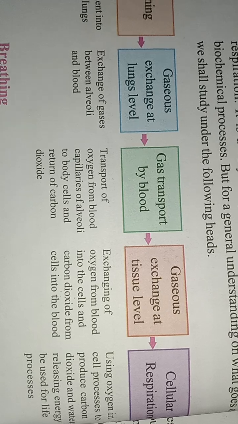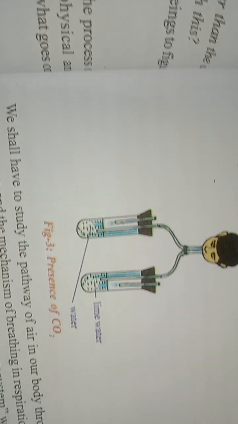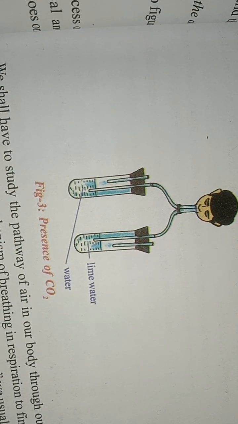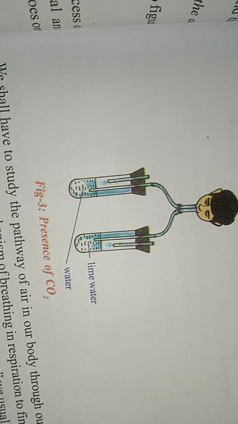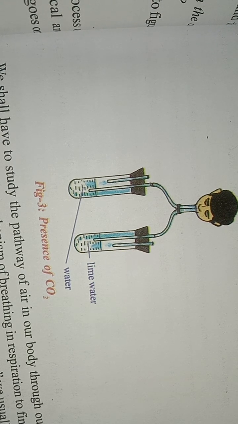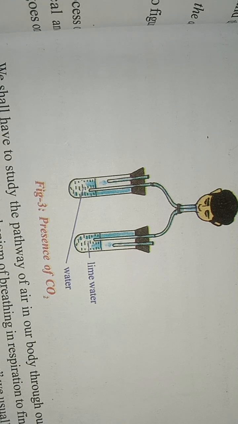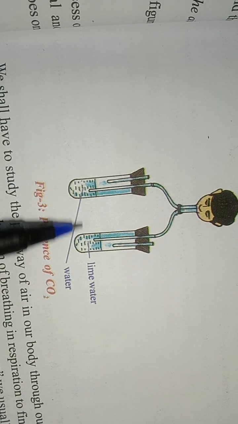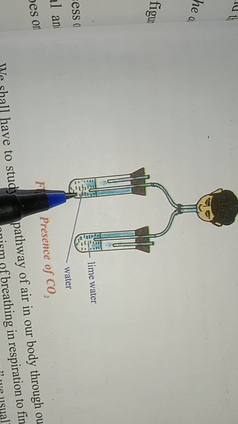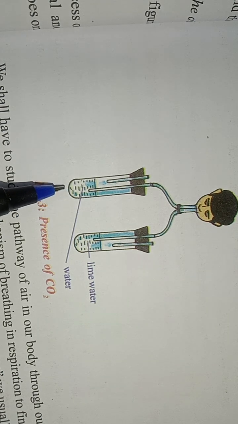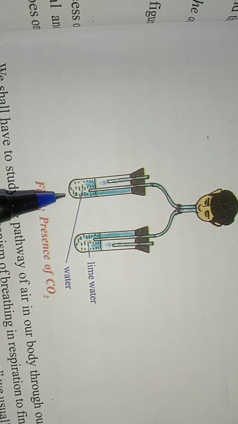Here we have one simple lab activity on the presence of carbon dioxide. We take two test tubes filled with lime water, which is used to test the presence of carbon dioxide, right?